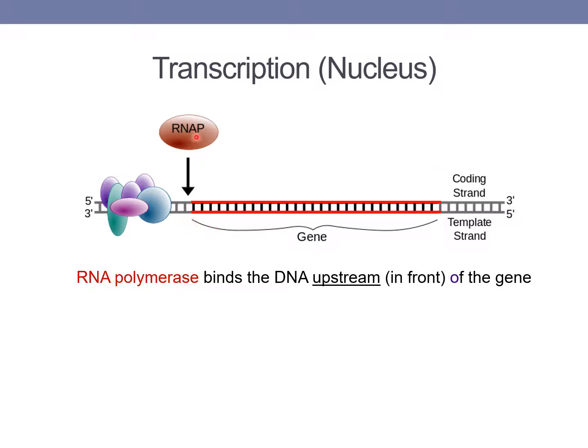This RNA polymerase, along with some other proteins, are going to bind somewhere upstream of this gene. So right in front of the gene, the RNA polymerase will bind in this region, and then it will move along the DNA sequence and add nucleotides to make a new strand of messenger RNA.